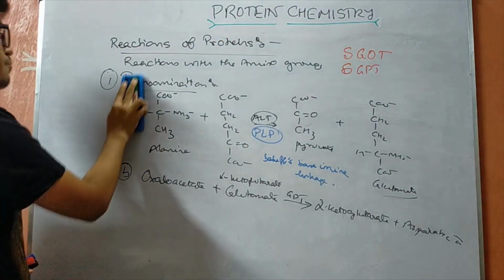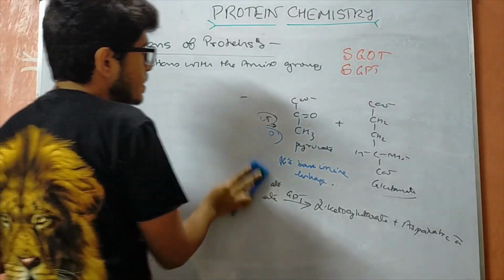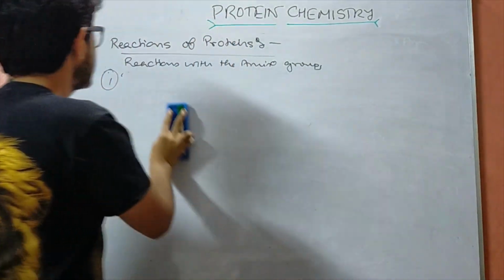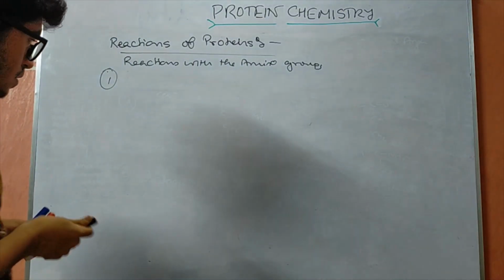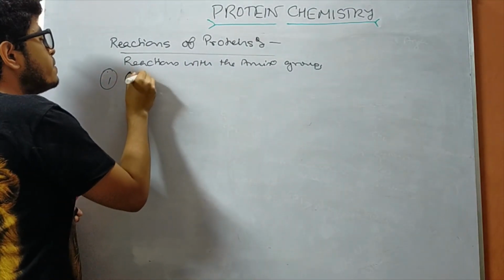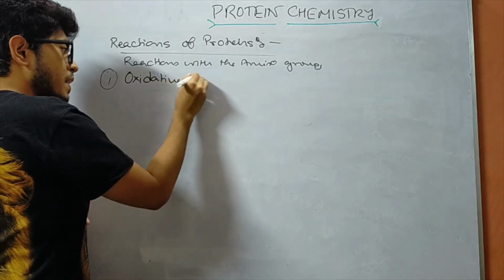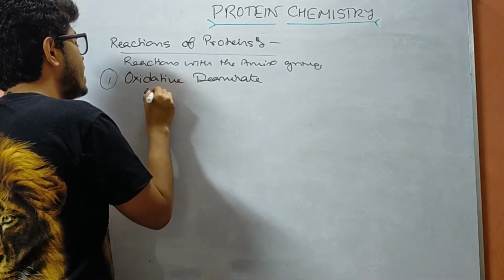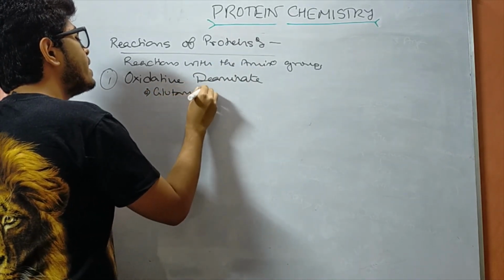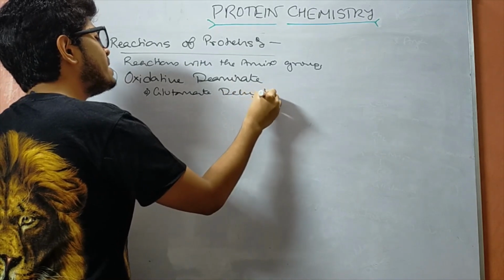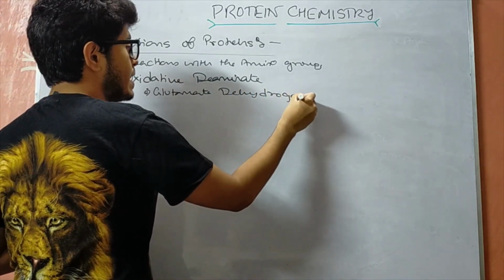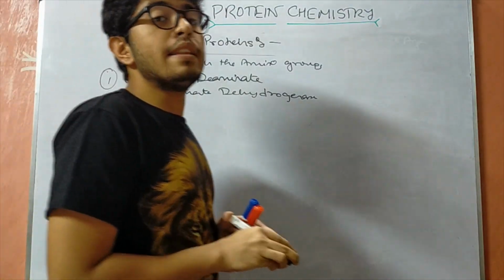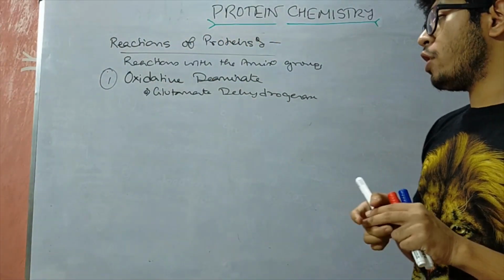Now moving to the next part, that is oxidative deamination. Oxidative deamination takes place with the help of the enzyme glutamate dehydrogenase. It is a mitochondrial enzyme, and the reaction occurs in an anaerobic environment.